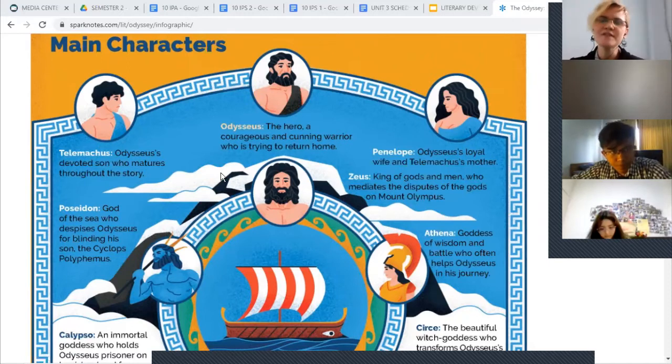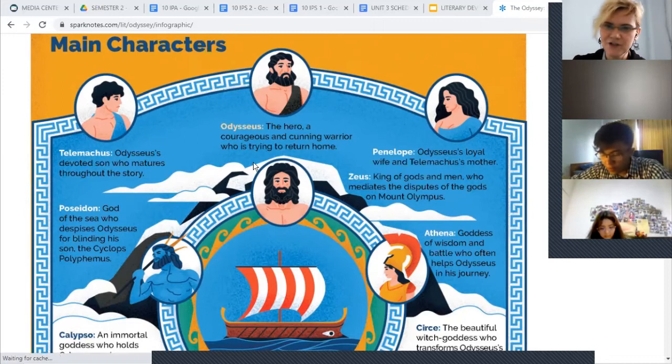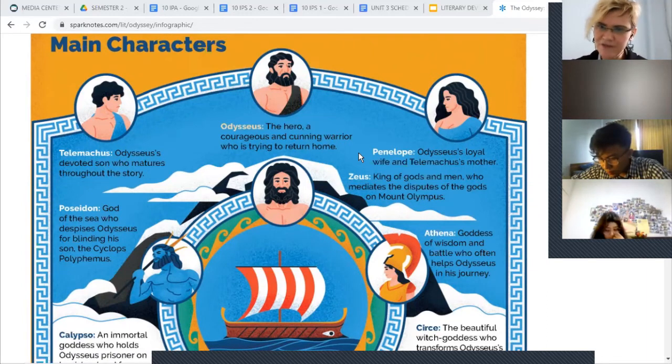There are a lot of novels that have been written based on Odysseus's character. Yeah, written stories based on his character. And then we've got Penelope, Odysseus' loyal wife, and Telemachus' mom.